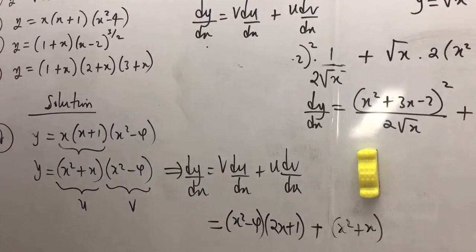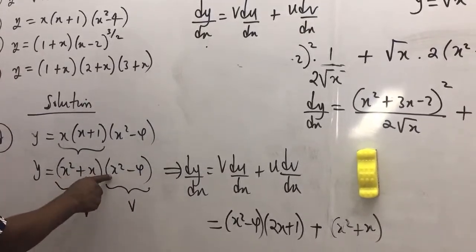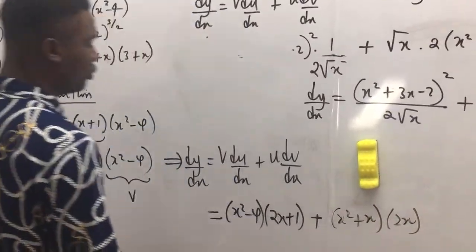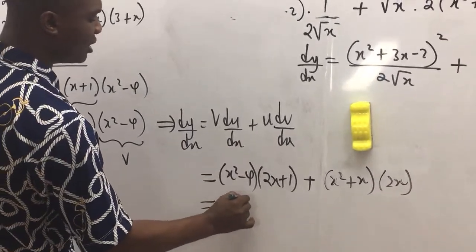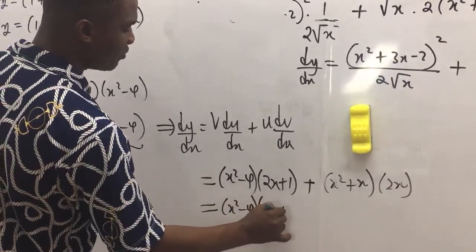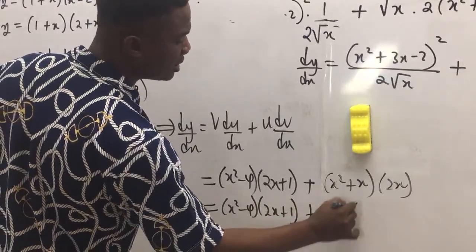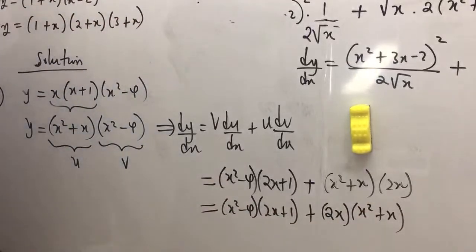If you differentiate v, you will notice that differentiating the constant minus 4 gives 0, and differentiating x squared gives you 2x. So you are going to have this. Now if you want to write your result to look better, you could just leave this in this manner: x squared minus 4 times 2x plus 1, plus 2x in bracket x squared plus x. So this is the derivative of this function.